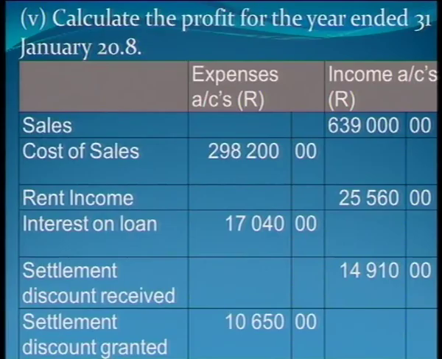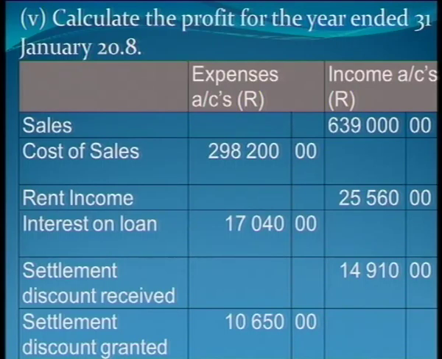To calculate our profit for the year ended January 20.8, you have your sales column and your income column. Our first entry, you have sales, which is an income of 639,000. Then you have the cost of sales, which is an expense. It's the amount of money that we spend to purchase our sales, which is 298,200.